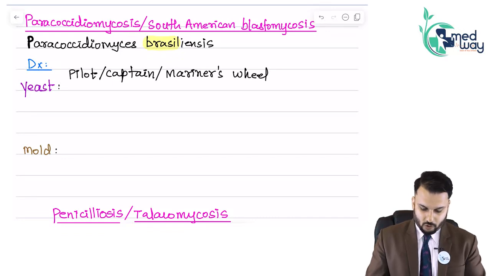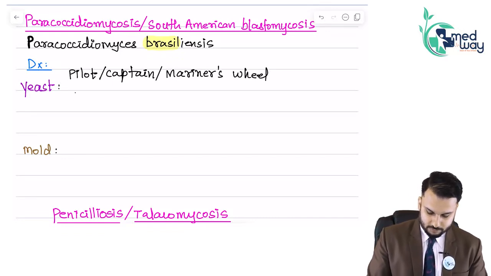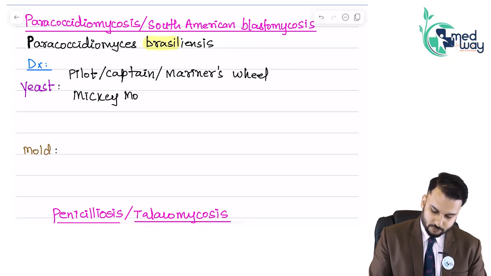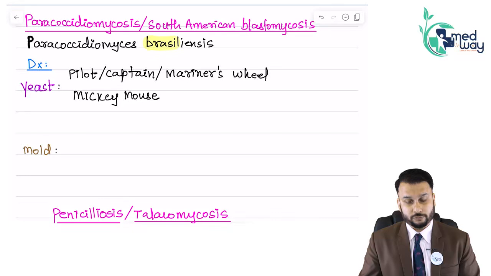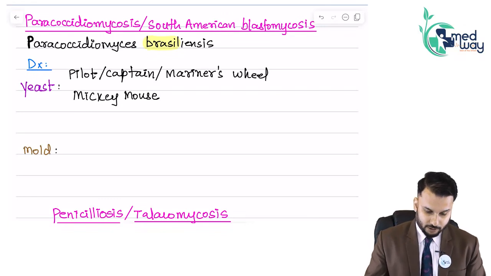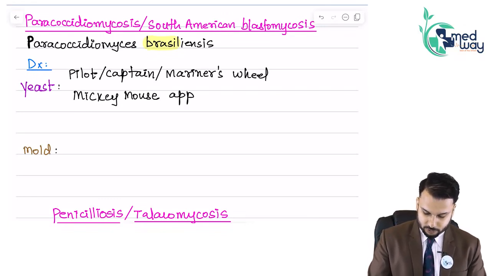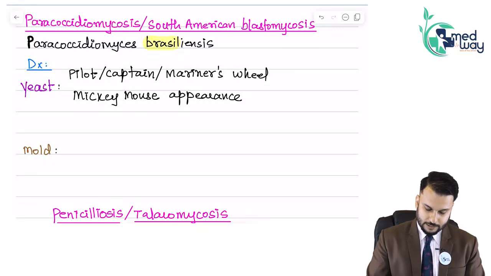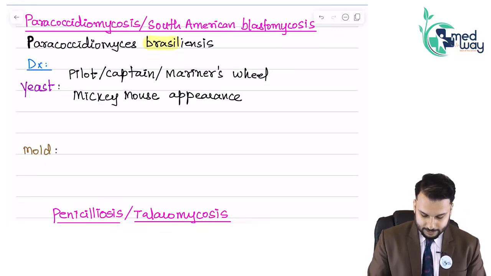Or sometimes it has an appearance that looks like Mickey Mouse. As I told you, at the end of these dimorphic fungi, I'm going to discuss all the images one by one. So Mickey Mouse appearance is also seen. And the mold form in this has a teardrop appearance.